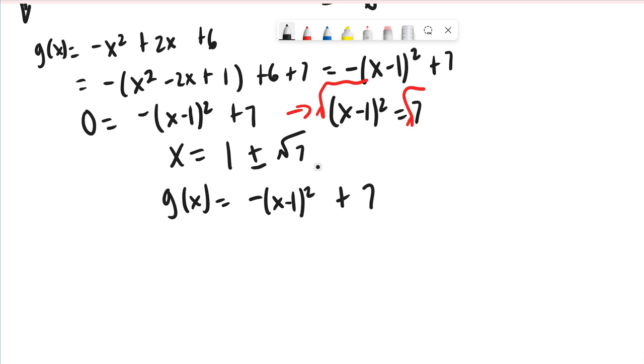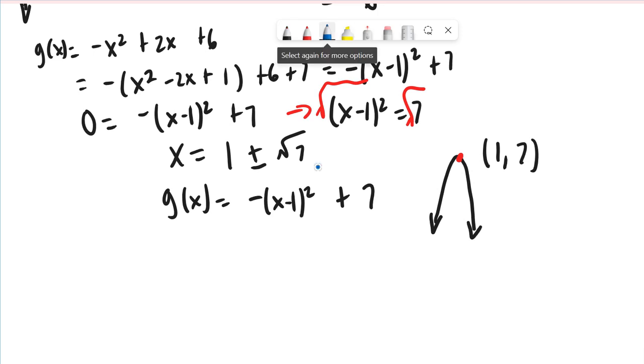If I graphed this in the x and y plane, it would be a parabola, but upside down, where the maximum would be at the vertex. What is the vertex? The vertex is the point that makes the squared term 0, so that's 1, and then the constant 7, so 1 comma 7.